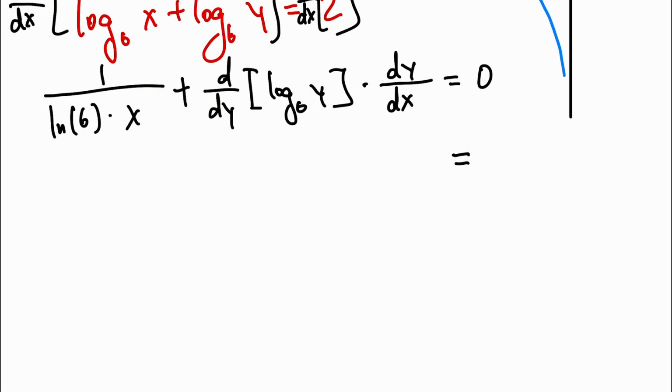And we can clean it up a little bit, so we can let this derivative of y with respect to x be equal to a, and this is what we actually want.